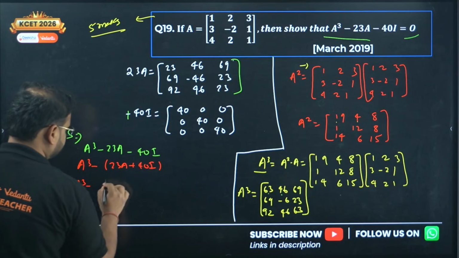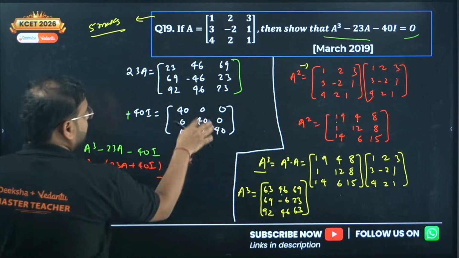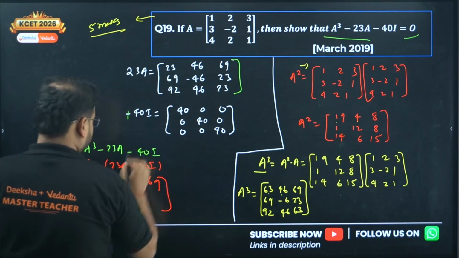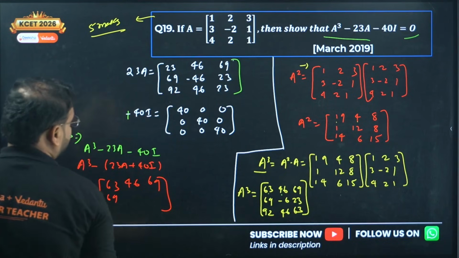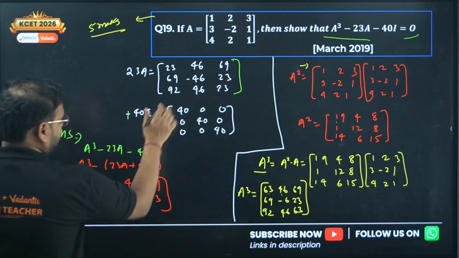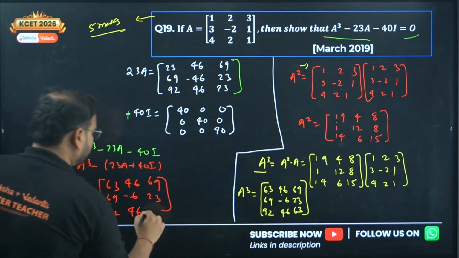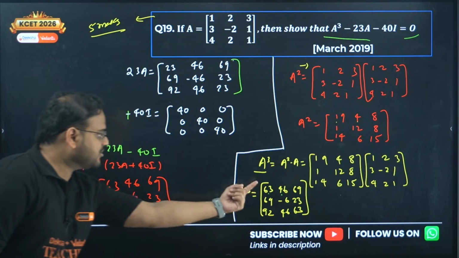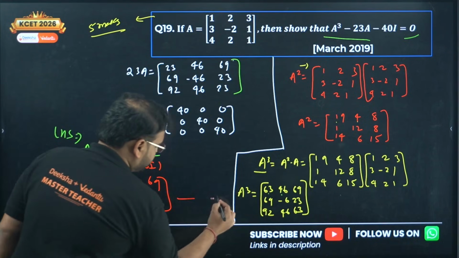A cube as it is, add these. 63, 46, 69, again this is going to be minus 6, right? Yeah, minus 6, 23 here, 92 here, again 46 here, again 63, right? Check. Are these two same or not? 63, 46, 69, 69 minus 6 and 23, they are the same. These two are the same thing.